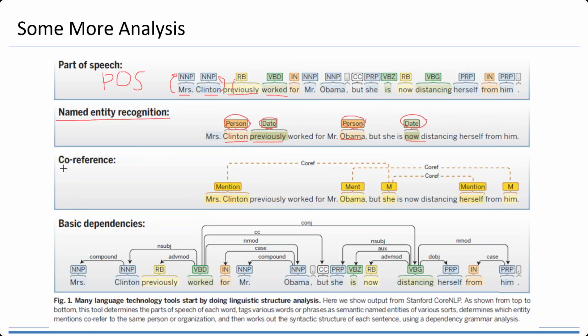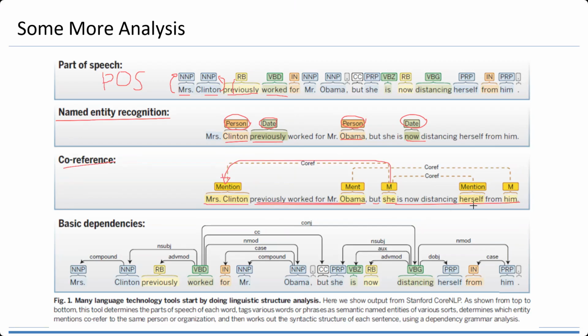Or there can be another kind of analysis, co-reference. So Mrs. Clinton previously worked for Mr. Obama, but she, then there is a reference. She refers to Mrs. Clinton. So Mrs. Clinton previously worked for Mr. Obama, but she's now distancing herself from him.